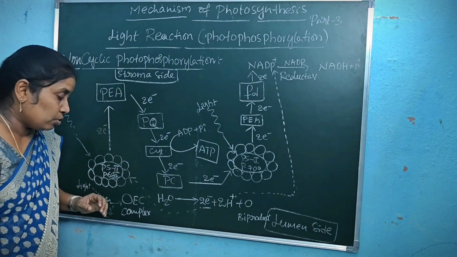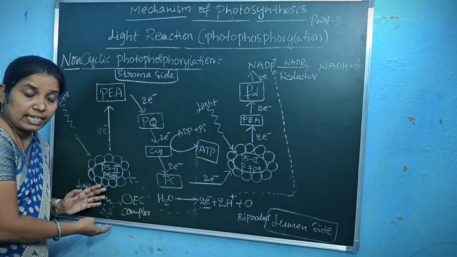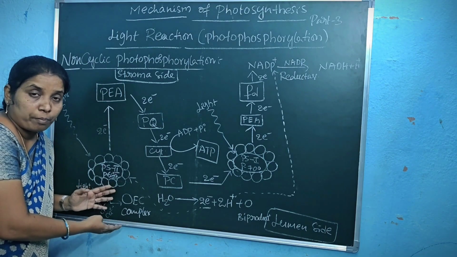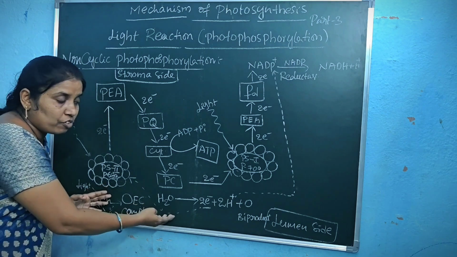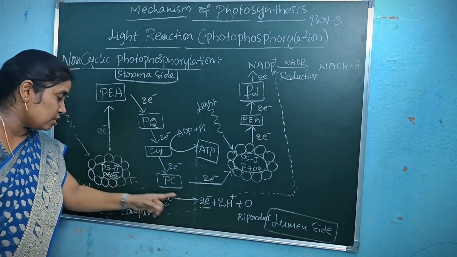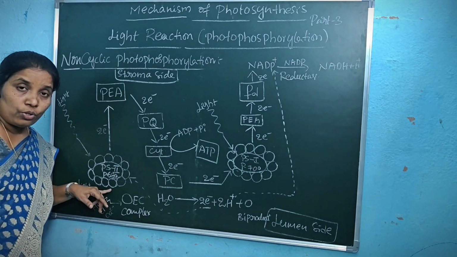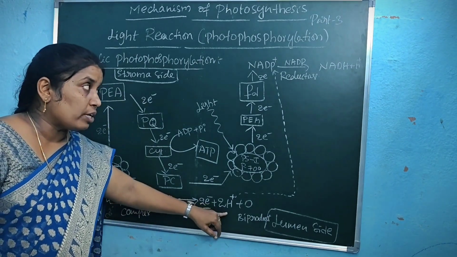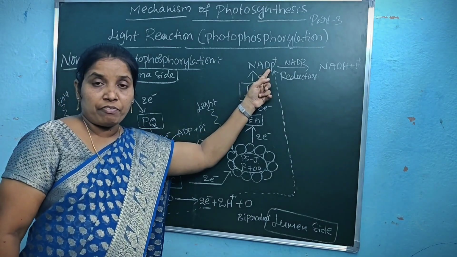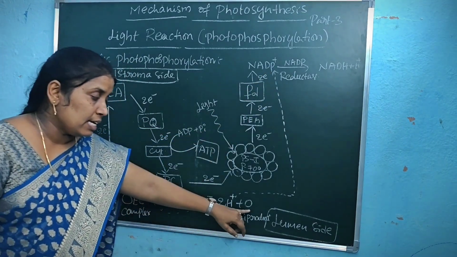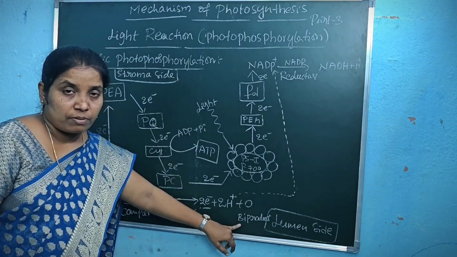At the lumen side, there is the oxygen evolution complex, which is involved in the photolysis of water. It supplies two electrons to the PS2 to get reduced again. It supplies two protons to the NADP for the reduction purpose. Oxygen is released as a byproduct.